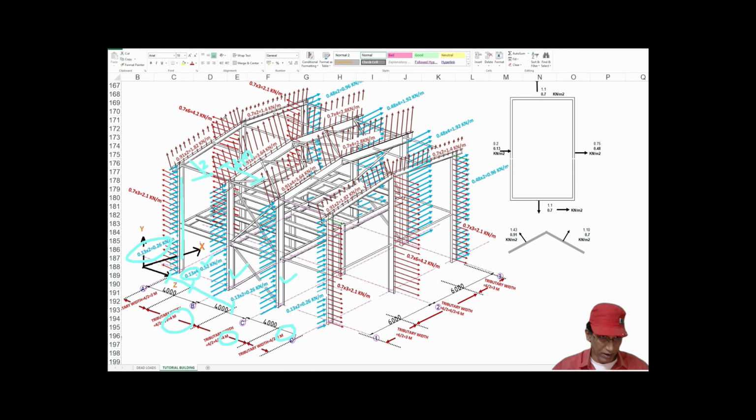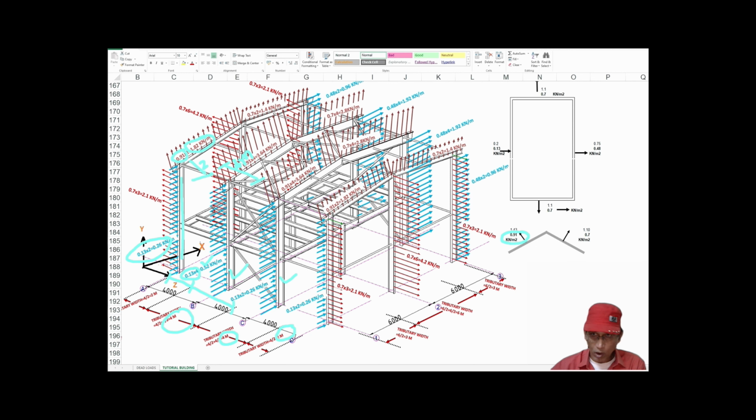Similarly, if we go to the rafter, the magnitude of load we have worked out is 0.91 kilonewton per square meter. The tributary width of this gable rafter is 2 meter, so 0.91 into 2 is equal to 1.82 kilonewton per meter.